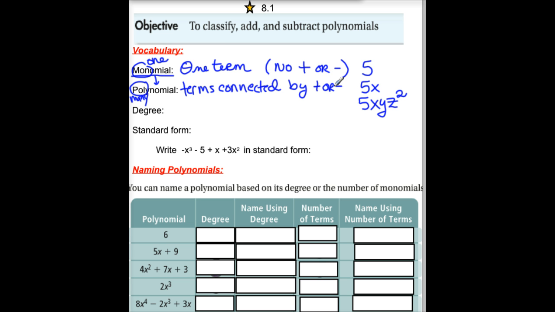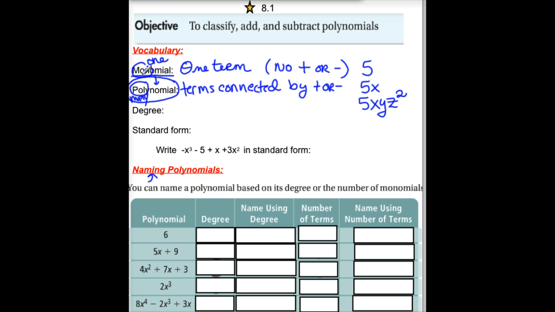So this is actually a classification process. You could even think of it with how I could classify you guys. I could say, oh, I'm thinking of a blonde, and then say a blonde girl. And then I could say a blonde girl wearing blue jeans, and it kind of fine-tunes things. So the general thing is everything we deal with this chapter is going to be a polynomial, and then we're going to get down to naming them and being more specific about what kind of polynomials they are.